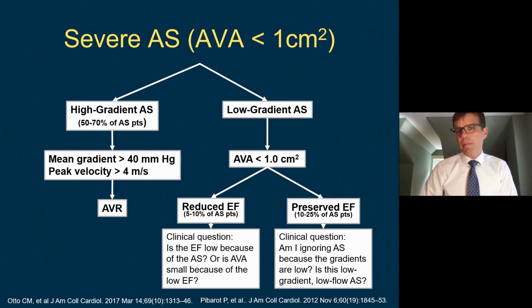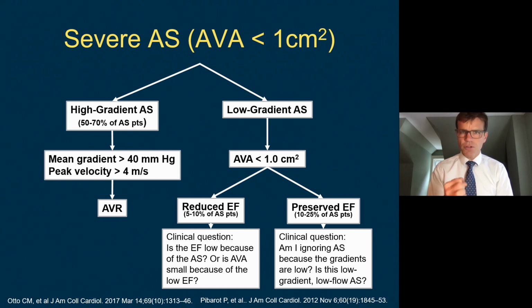And in the past, here you have a small aortic valve, and we sort of thought of this as people with a depressed ejection fraction, an EF of 25%. Their valve is narrow, and the clinical question became, is the EF low because of the AS?